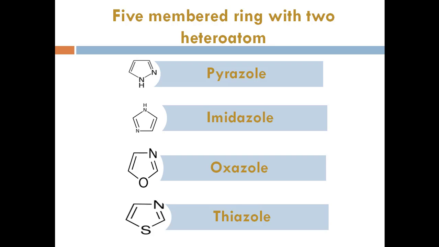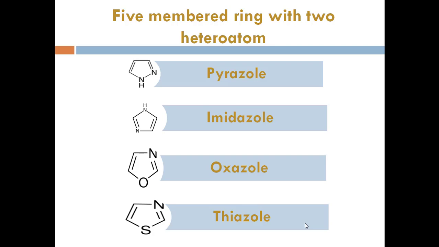Similarly in thiazole, a 5-member ring with 2 heteroatoms, that is 1 sulfur and 1 nitrogen atom, right? Then they are present at 1-3 position to each other, right? That is thiazole. If this sulfur atom and nitrogen atom are present at 1-2 position to each other, then it is isothiazole, right?